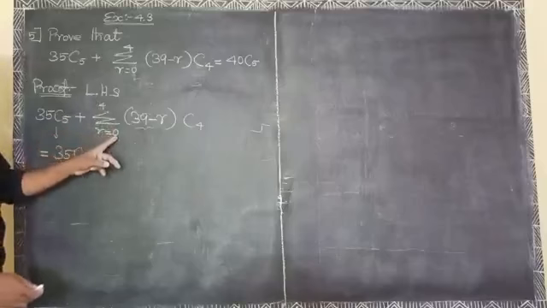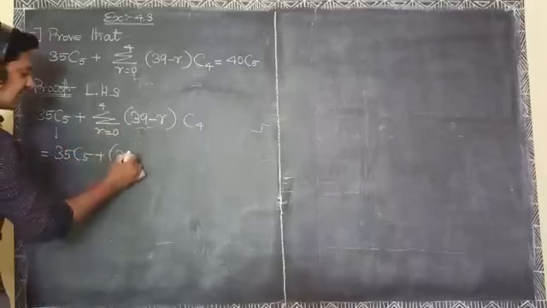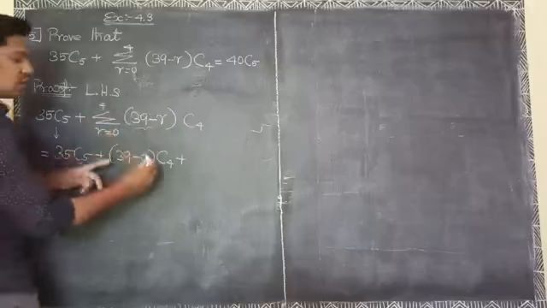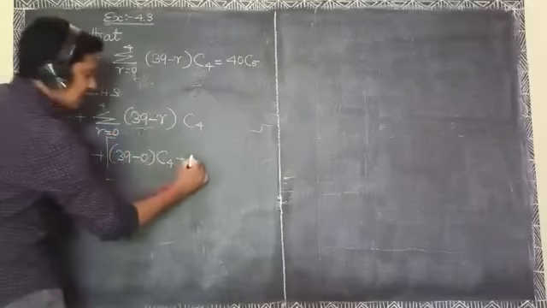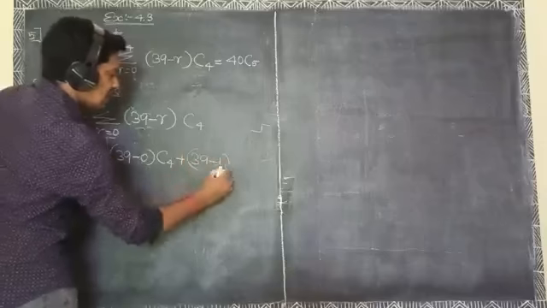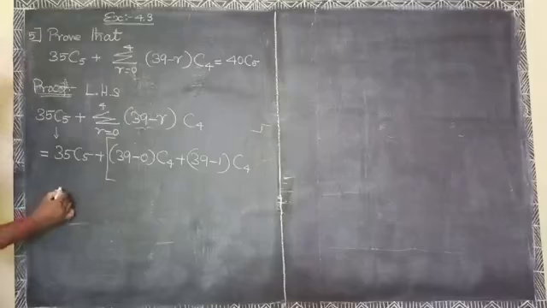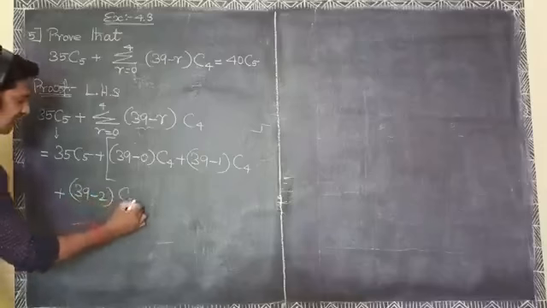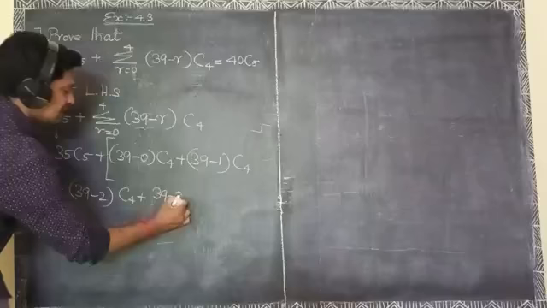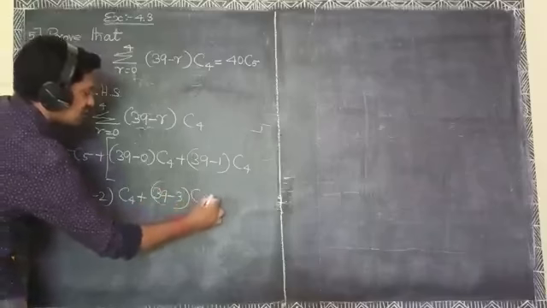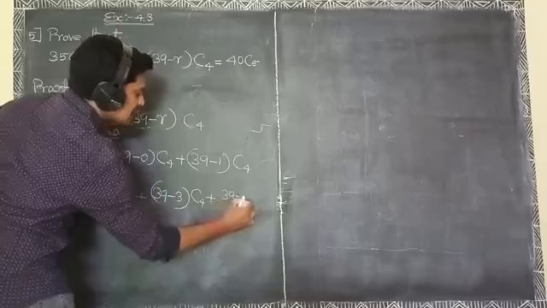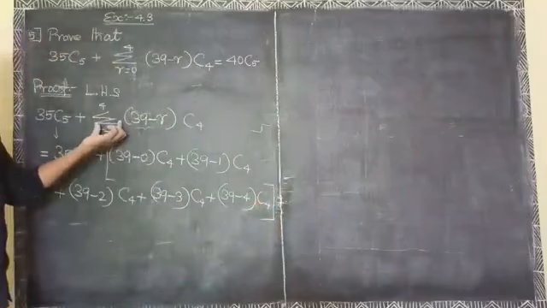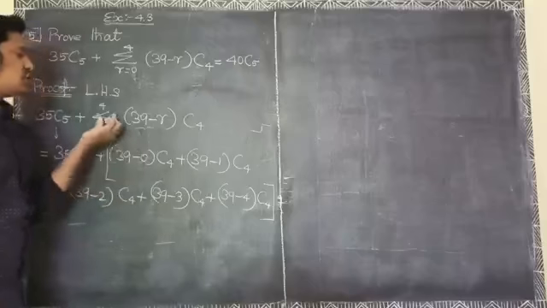Substitute r equal to 0, that is (39 minus 0)C4, plus substitute r equal to 1, (39 minus 1)C4, plus (39 minus 2)C4 plus (39 minus 3)C4 plus (39 minus 4)C4. This is the summation of r equal to 0 to 4.